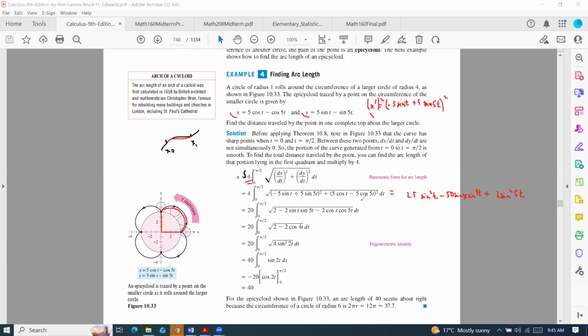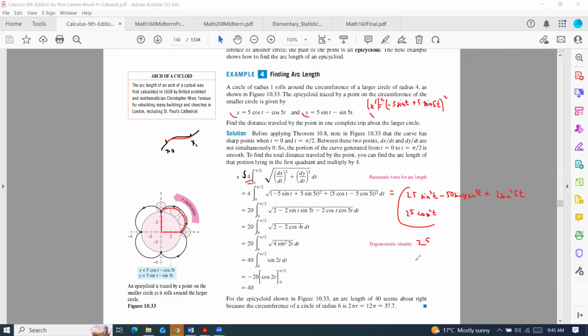So now I do the same thing with the other piece. So when I square it, it becomes 25 cosine squared. And notice, a nice thing is going to happen because these two can be combined together and give me just 25, right?